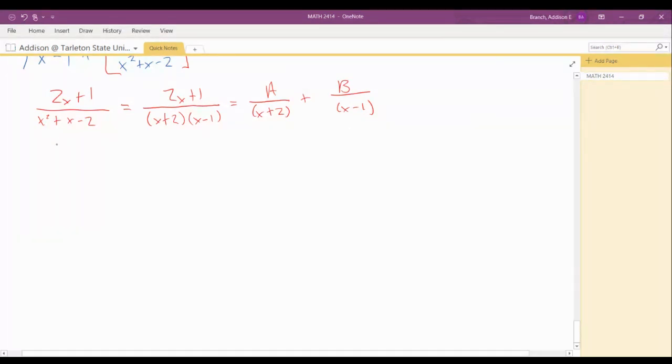So we keep our 2x plus 1 is equal to a times x minus 1 plus b times x plus 2.